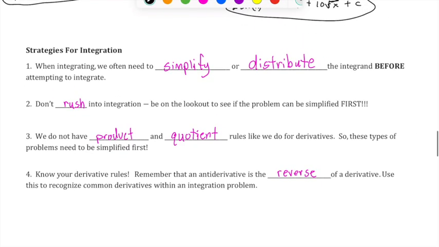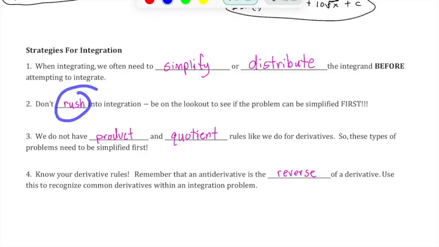Like I said, this is long, so here's some strategies for integration. You always want to simplify before you integrate. It makes it so much easier. We don't really have a product rule or a quotient rule for integration. Sometimes that means distributing through, which is not really simplifying, but either simplify it if you can or distribute if you have two functions multiplied together.